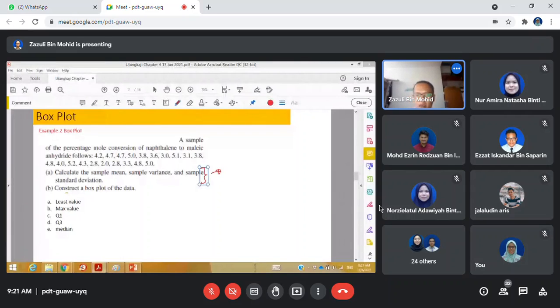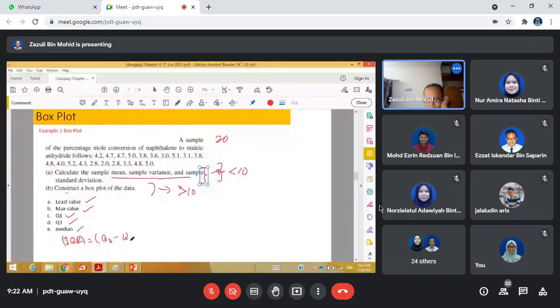If you are asked to construct a dot plot, the total is 20, so the marks here are not more than 10, and this one will be larger than 10 marks. In this question you have to answer the least value, the maximum value, Q1, Q3, and the median, and then calculate the IQR, which is Q3 minus Q1.